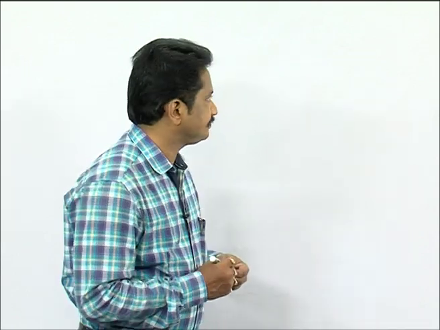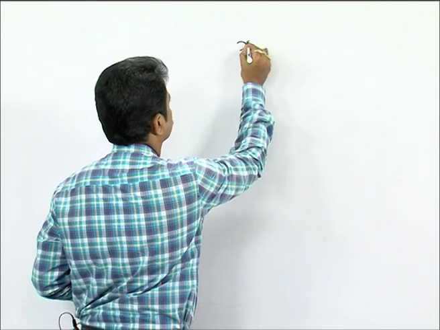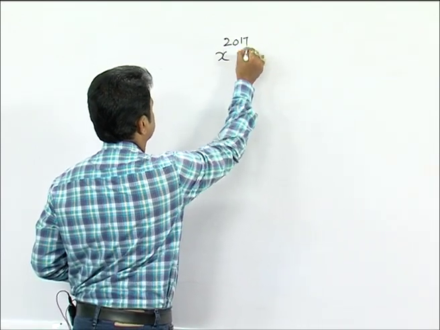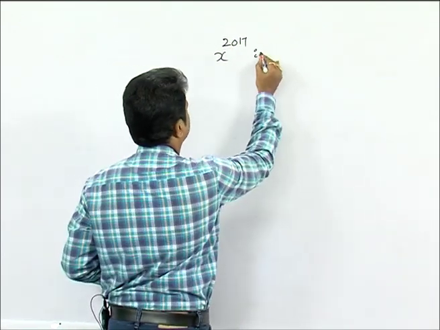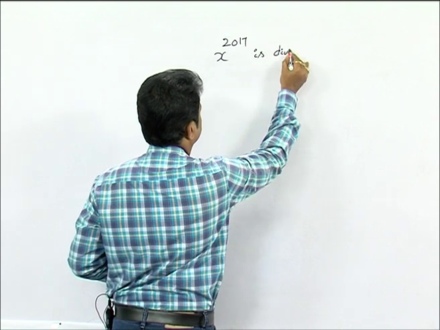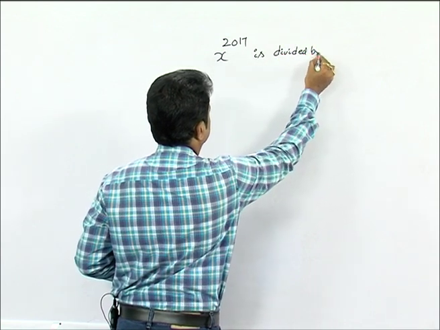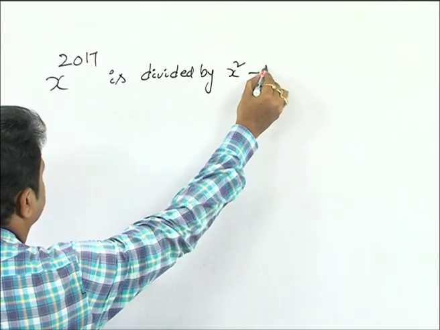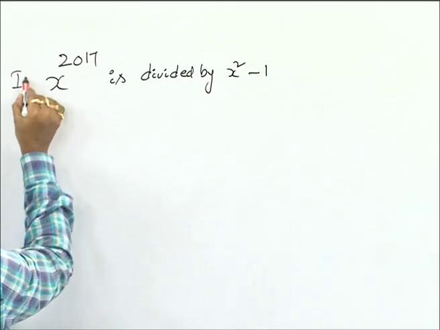In the examination they will generally ask: if x to the power of 2017 is divided by x square minus 1, find the remainder.